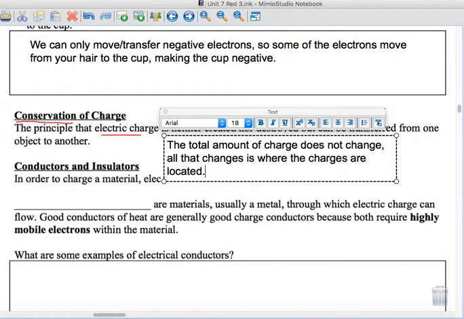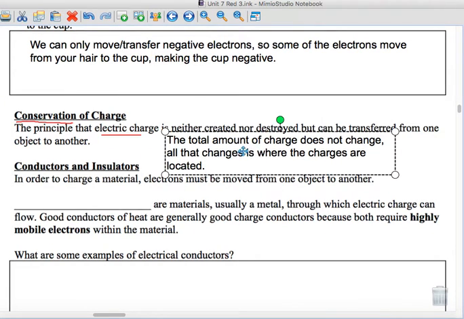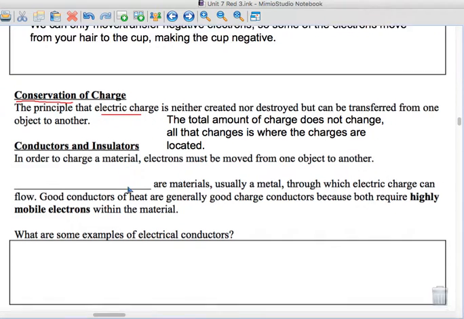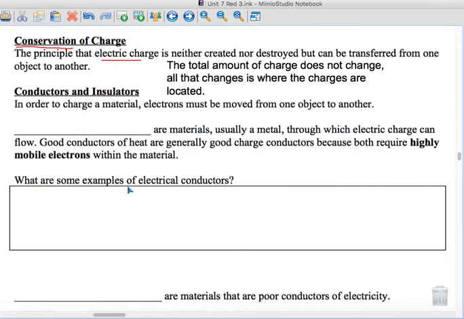Are they transferred from one thing, or are they in the other thing? Just like when we had mechanical energy, and we had potential energy and kinetic energy, the total amount had to always be the same. So if potential energy got lost, the kinetic energy was gained. Same thing here, the amount of charge never changes.